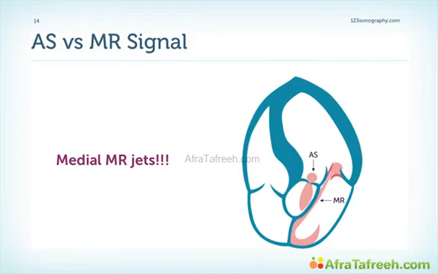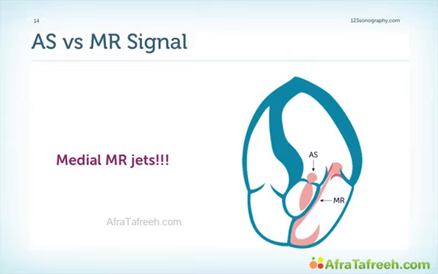There are some pitfalls. Aortic stenosis and mitral regurgitation signals can sometimes be mistaken. So watch out especially for medial MR jets. Because they have the same direction, you can sometimes mistake them, as both are, of course, systolic jets.